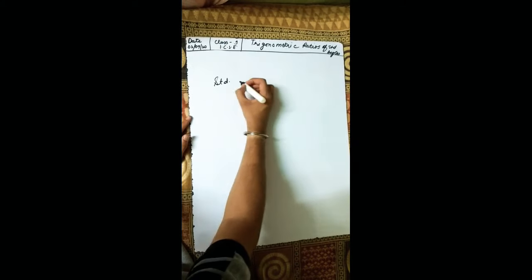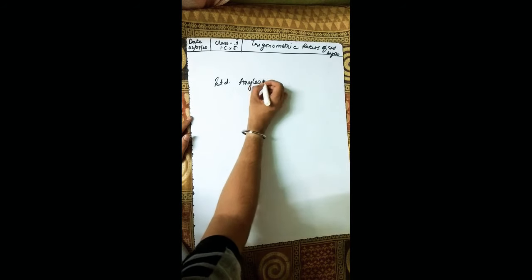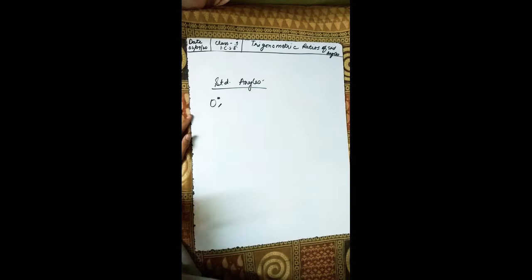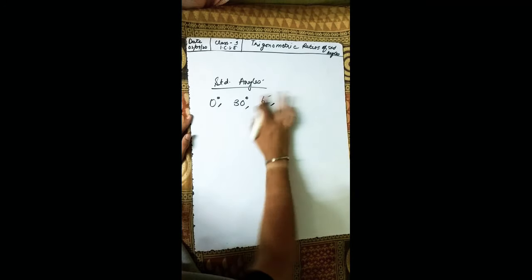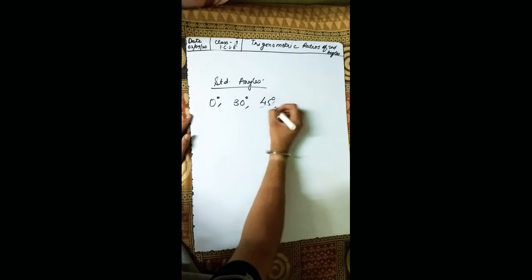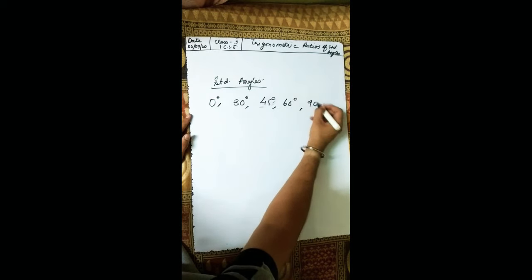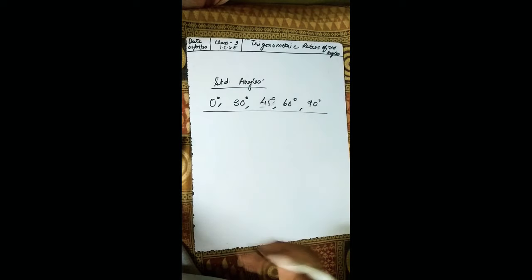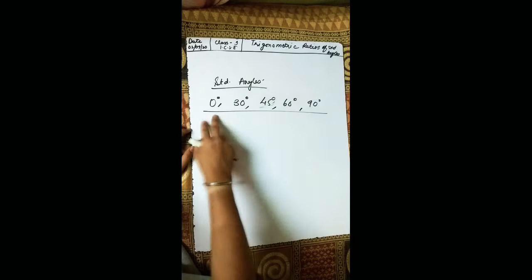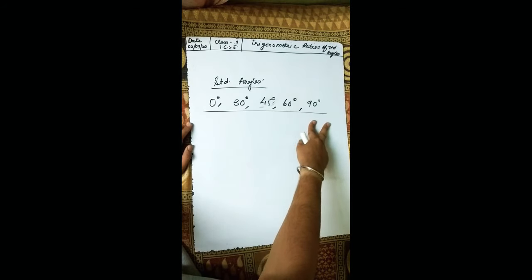Let me give you a hint of what standard angles we will be dealing with in this chapter. We will be dealing with 0 degree, 30 degree, 45 degree, 60 degree and 90 degree. We will be dealing with these 5 angles only, and we'll see how the functions work with these angles.